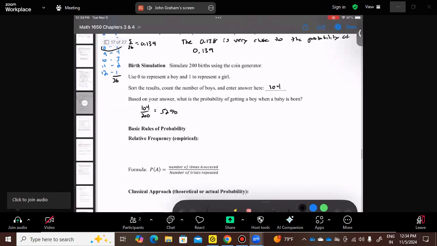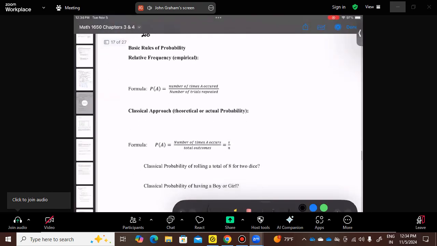Alright, so we're going to get into now some basic rules or methods of probability. And we kind of have seen these already, even in those last few examples. The first one is the relative frequency, or the empirical, or I like to think about this, the experimental probability.